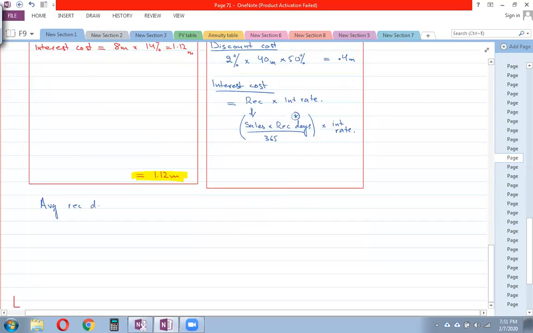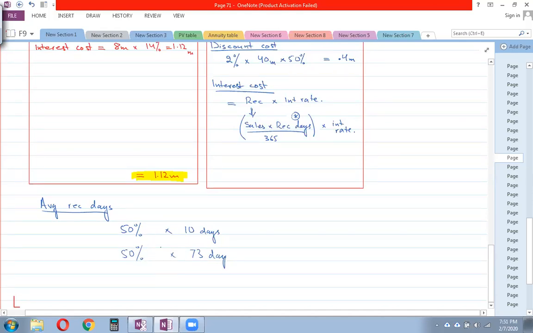Average receivable days, right? We know that 50% of the customers are going to pay us in 10 days, and 50% of the customers are going to pay us in 73 days. Remember, you always have to calculate weighted average, not the normal average.